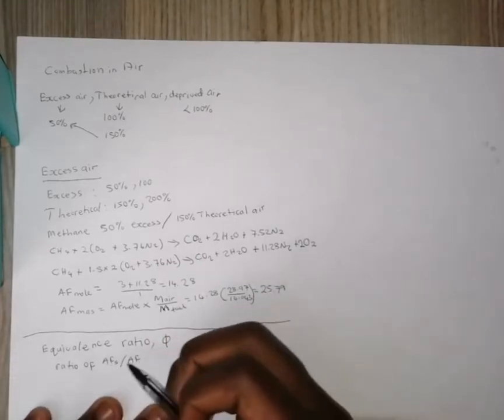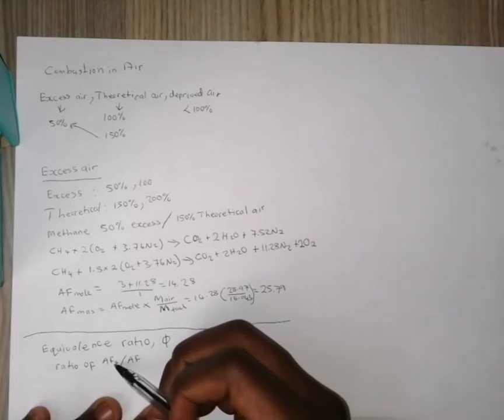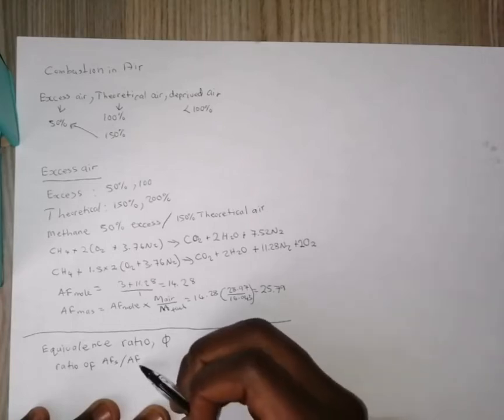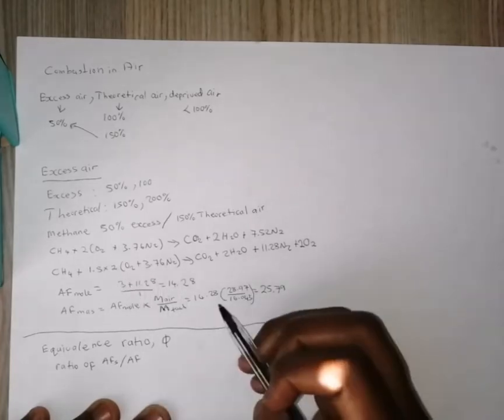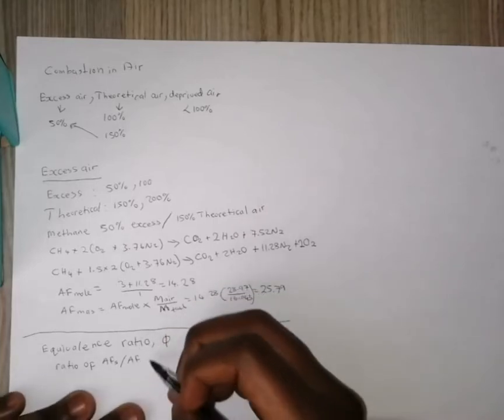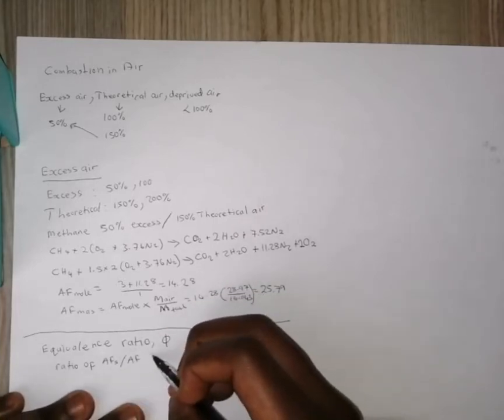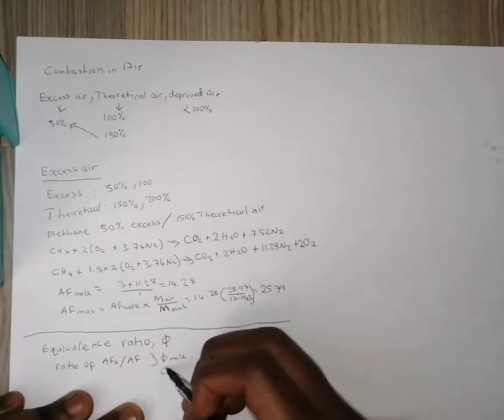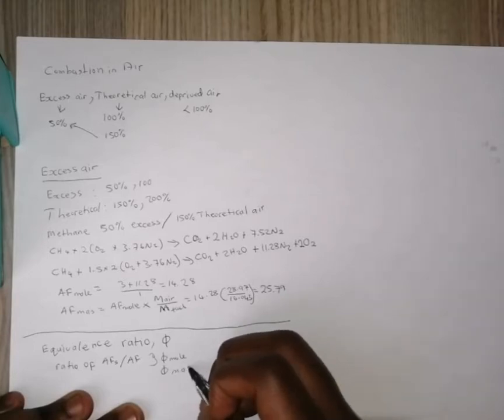The standard air-fuel ratio is the air-fuel ratio of the theoretical air, and the actual air-fuel ratio is the one you are working with. This goes for both: we have the equivalence for mole and the equivalence for mass.